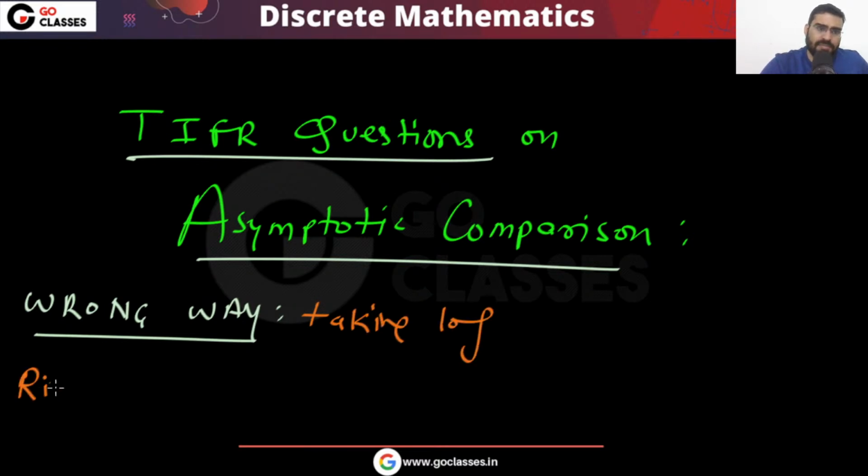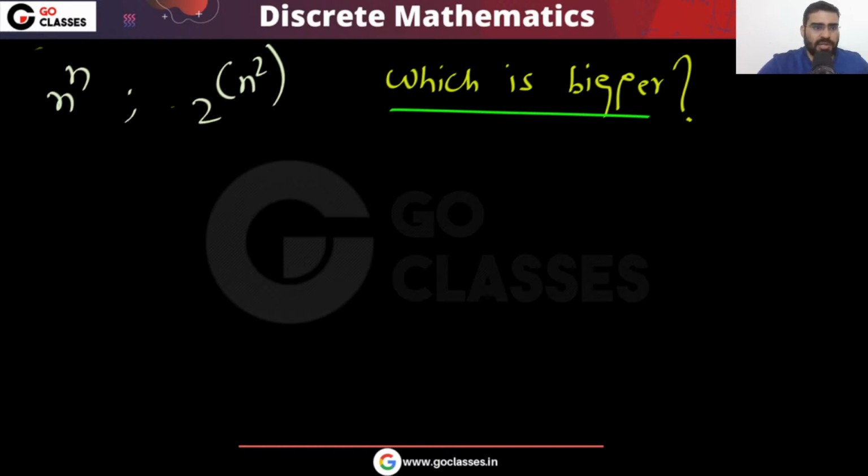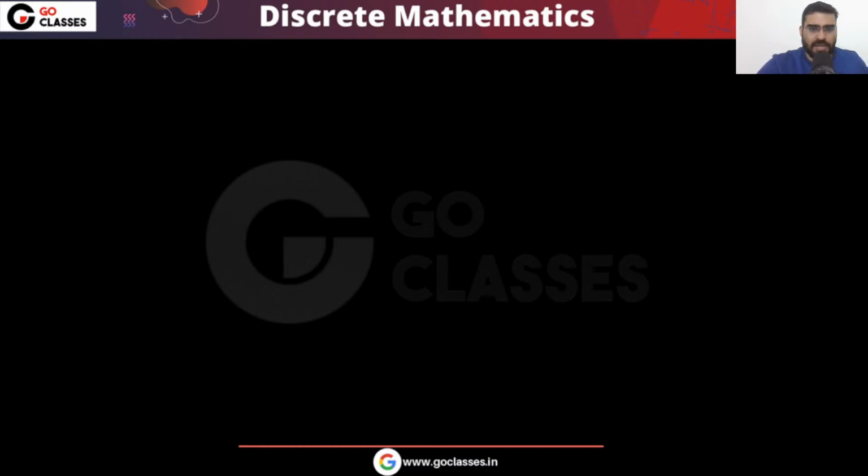And the right way? Make the base the same. Let me explain. You can use this property whenever you have the confusion of which is bigger, a power b or c power d.